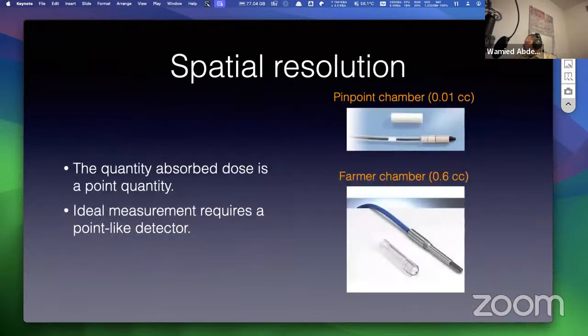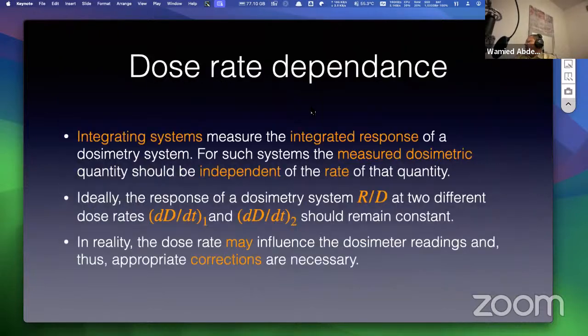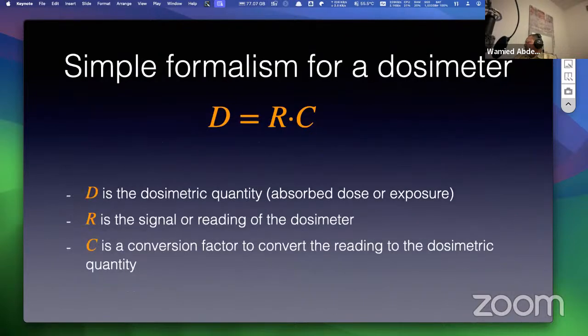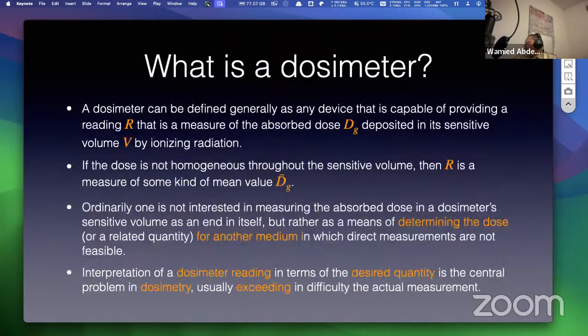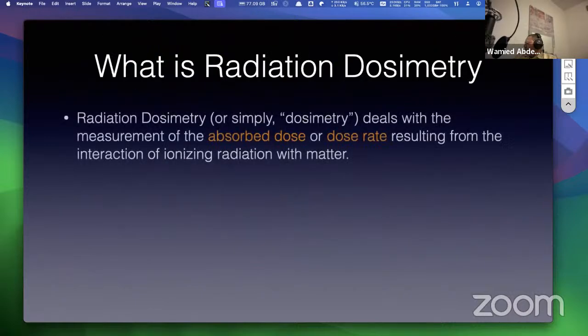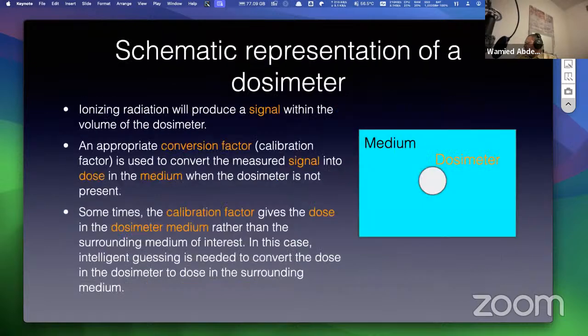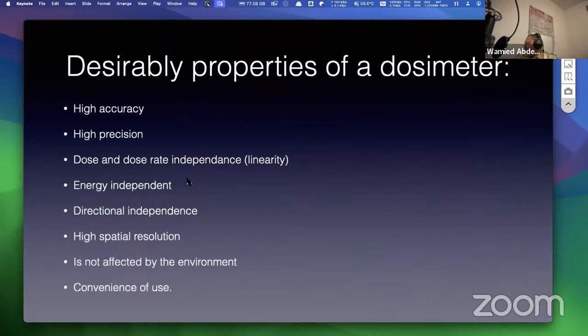Yeah, so there is one I did not talk about. It's basically the environment. Let's look at the list. I think I missed one of these. So we want them not to be affected by the environment.